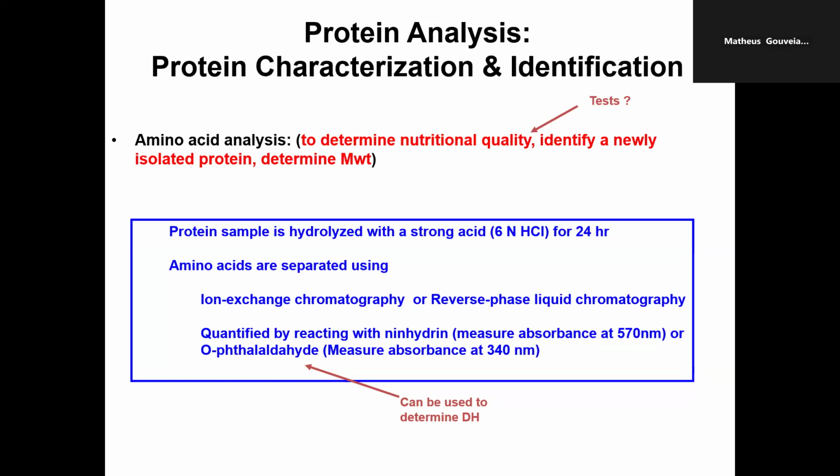So all of them get derivatized by a specific reagent in order to determine the composition. And we talked about phthaldehyde, which can not only be used for amino acids because it reacts with primary amine, it can also be used to determine degree of hydrolysis.